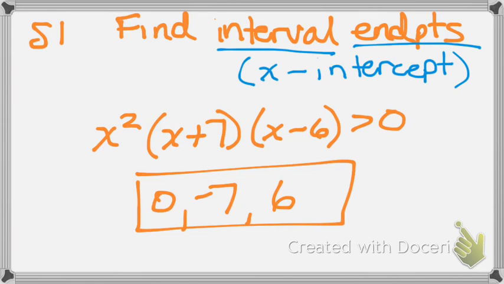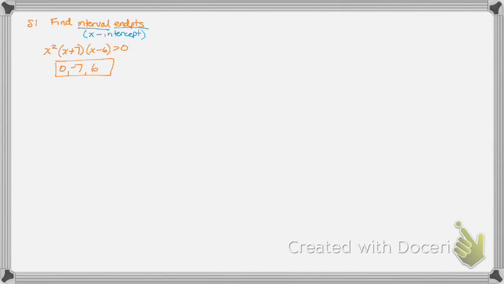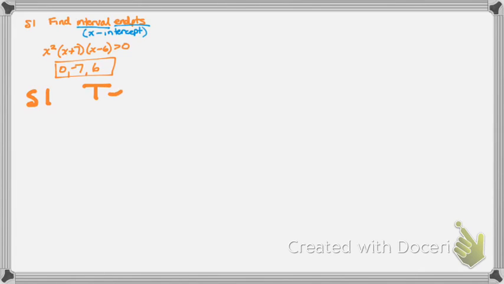Step 2 is going to be to solve this inequality. So let's see your instructions for step 2. Let me shrink this down. Step 2, they're going to say test each interval to see which satisfies the inequality.